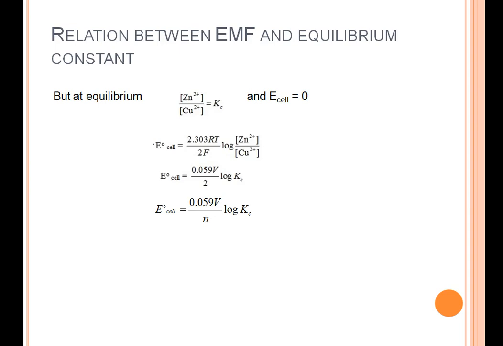So the relation changes to: standard EMF will be equal to 2.303 RT upon nF log of zinc ions upon copper ions, or E naught of cell will be equal to 0.059 upon n log Kc. So if there is a numerical, you can calculate Kc if EMF is given, and you can calculate EMF if Kc is given.